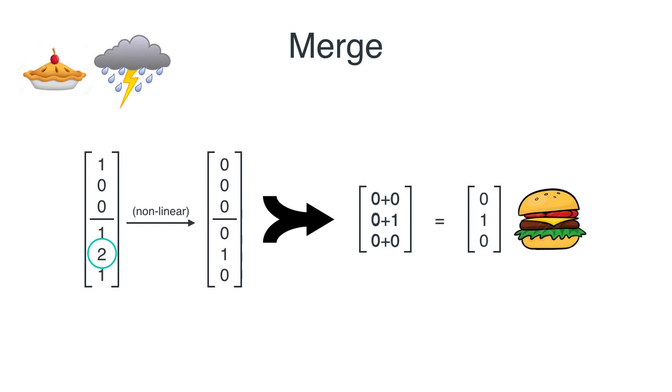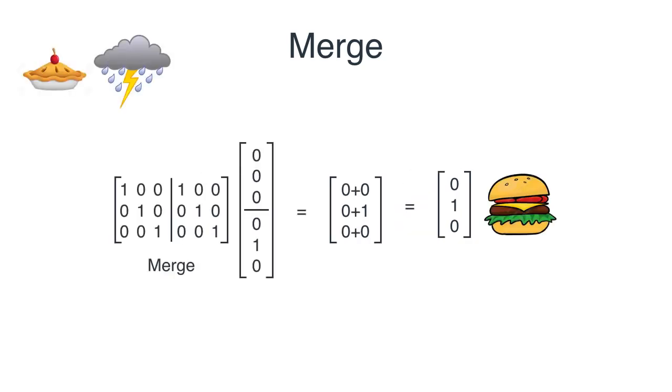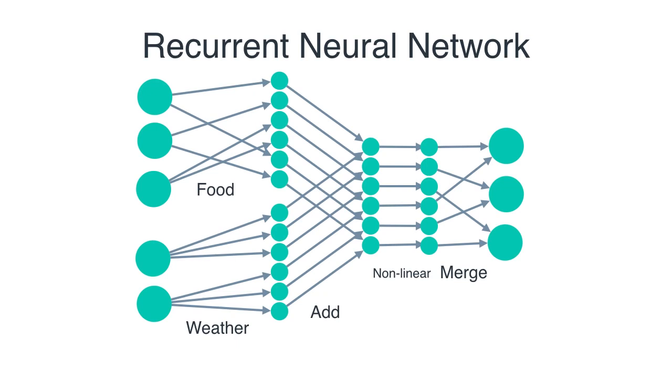If you would like to see this merge map as a matrix, it's this matrix. As you can see, if I multiply this matrix by a concatenation of 2 vectors, I get the sum of them. And again, if you would like to see neural networks not as matrices and nonlinear maps, but in the traditional edges and nodes view, this is how it looks. It's got a food section, a weather section, an add section, a nonlinear section, and a merge section.